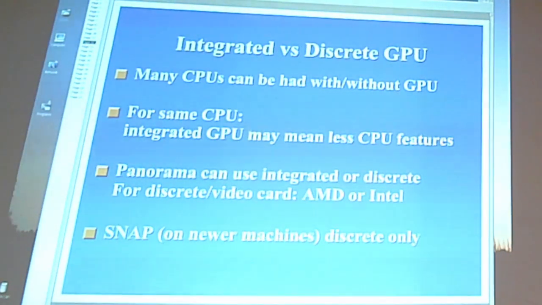For example, when I was shopping for my Ryzen 5, a Ryzen 5 5600G had fewer PCIe lanes, and we'll talk about what that means in a second, available for general consumption when it had the GPU integrated than when it didn't have the GPU integrated.